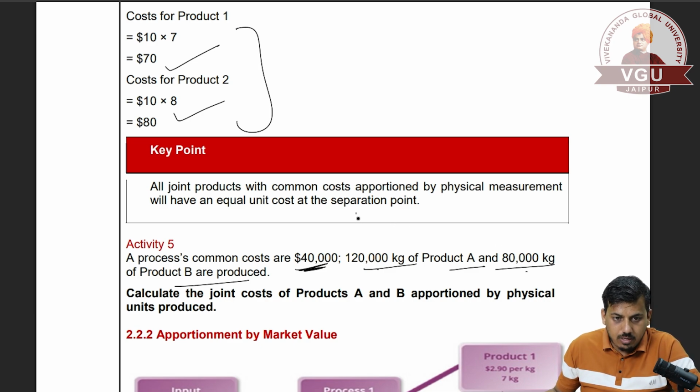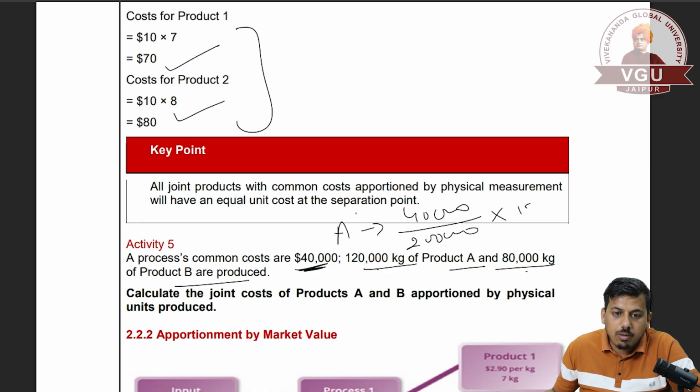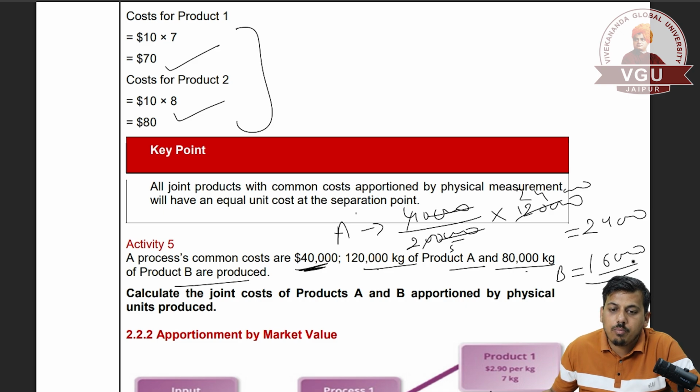For product A it will be 40,000 divided by 1,20,000 plus 80,000, which is 2 lakh, multiplied by 1,20,000. That gives 24,000 for product A, and in the same way 16,000 for product B.